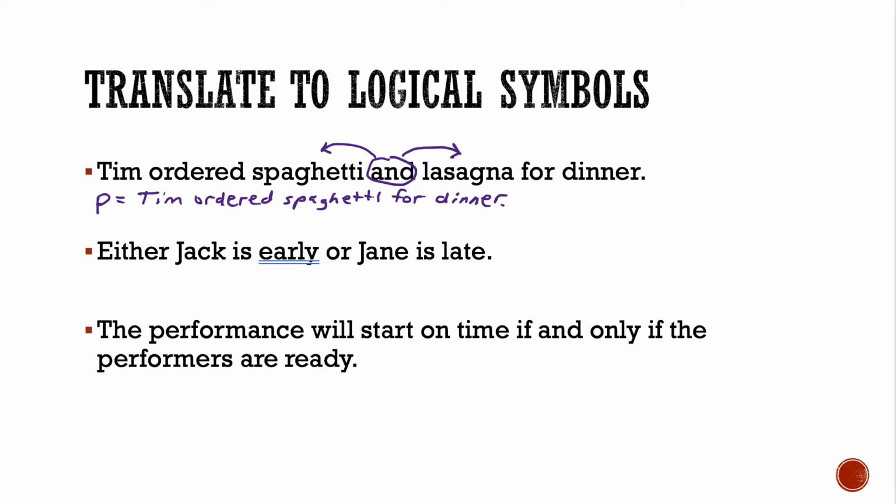And so that's going to be statement P. For the second simple statement, I'm going to use the variable Q. Now, I have to work on the wording just a little bit because the only thing to the right of the connective is lasagna for dinner, and we need it to sound like a sentence. So I'm going to go ahead and say Tim ordered lasagna for dinner.